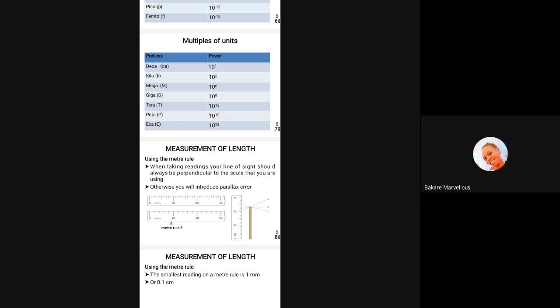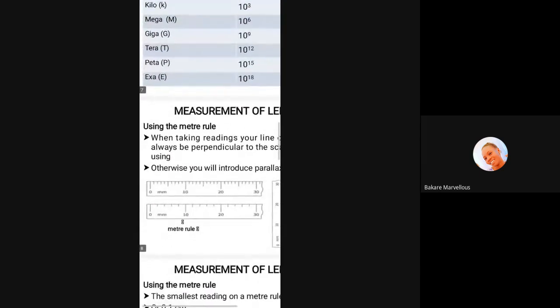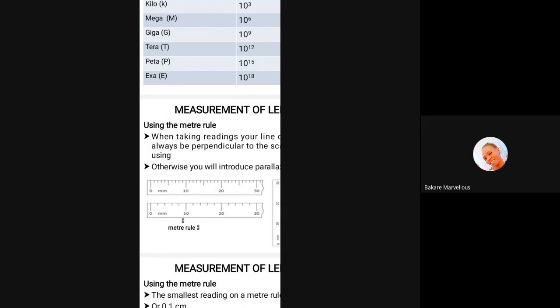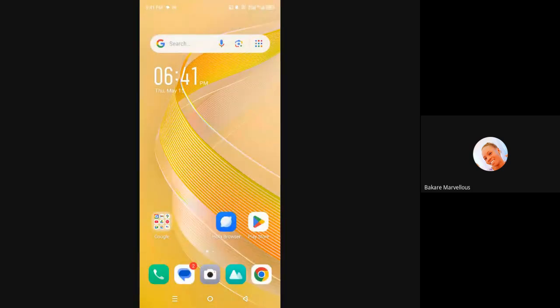Very good. Now a major instrument that you make use of in physics practical, especially mechanics, is a meter rule. It can be your 15 cm rule, your 30 cm rule, the 100 cm rule or the 1 meter rule that you are given.